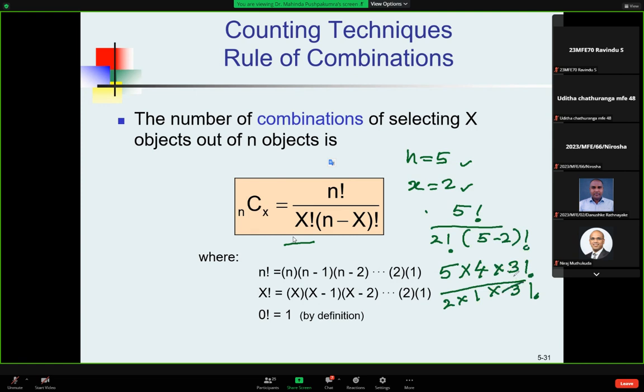Then these two you can cancel. Then the answer is 10. Okay, I hope you got the point.